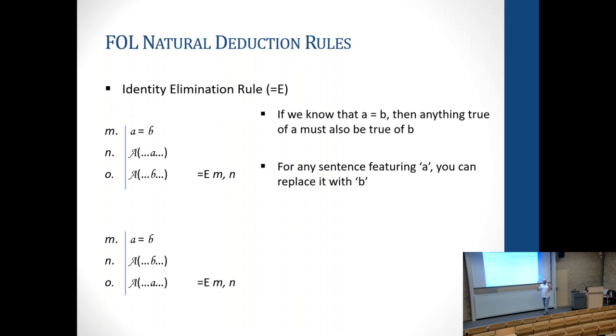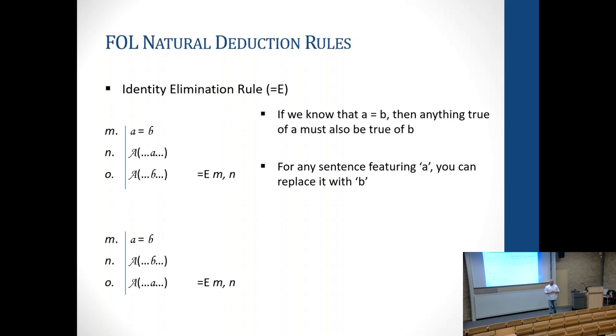Again, it's just substitution. If you know that two names pick out the same object, then everything true of one will also be true of the other. So identity introduction gives you really boring identity claims, same name on both sides. Identity elimination lets you substitute if you already have an identity.